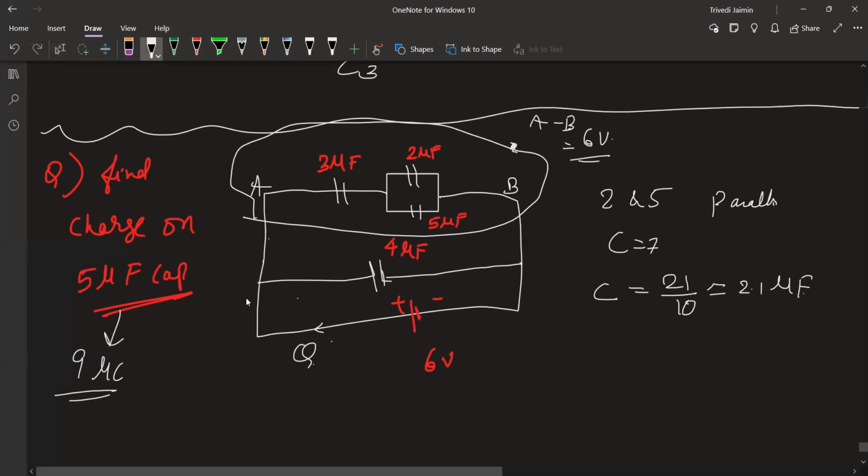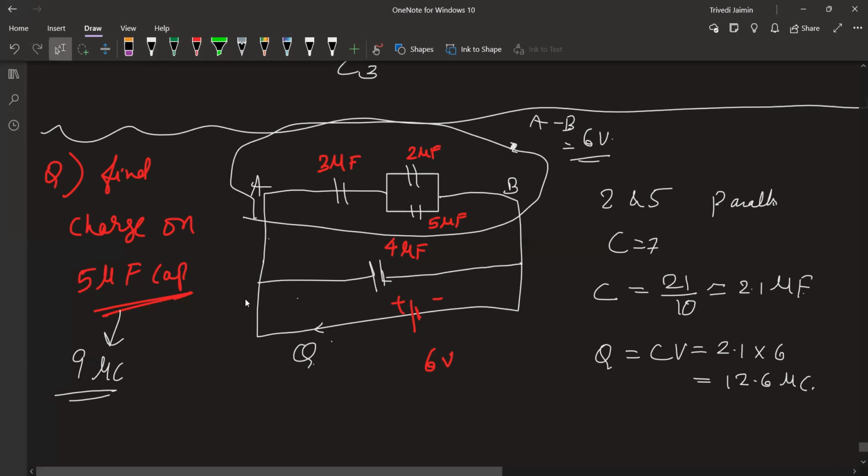Okay, charge on that one, Q will be CV, which is 2.1 into 6, which is 12.6 microcoulomb.